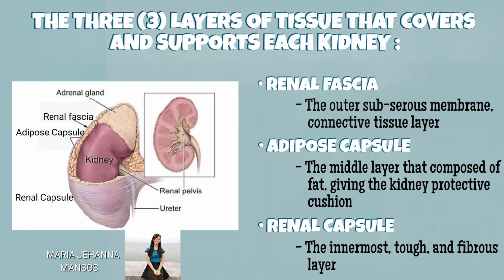Next, we have the adipose capsule, which is the middle layer composed of fat, giving the kidney a protective cushion. Ito naman yung nasa middle portion ng kidney at ng renal fascia. And also, we have the renal capsule, the innermost tough and fibrous layer. So, ito naman yung nagsiserve as core sa ating kidney.